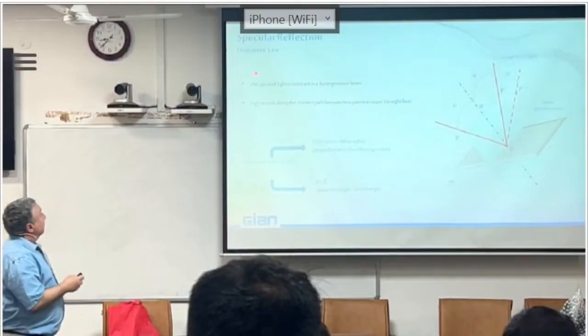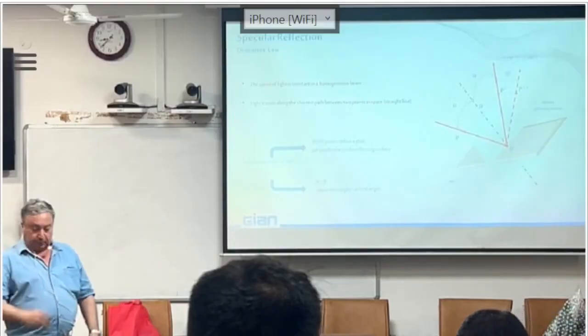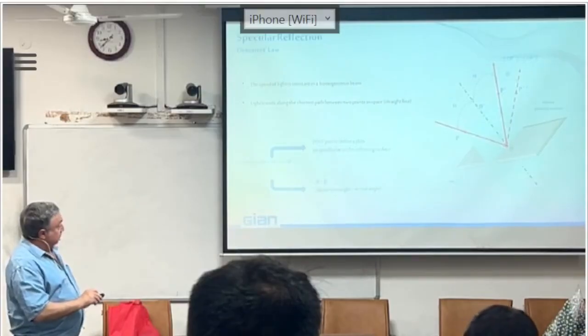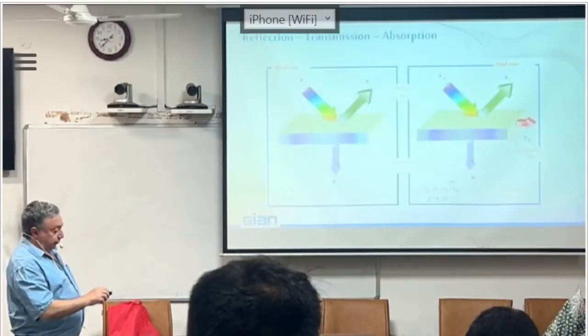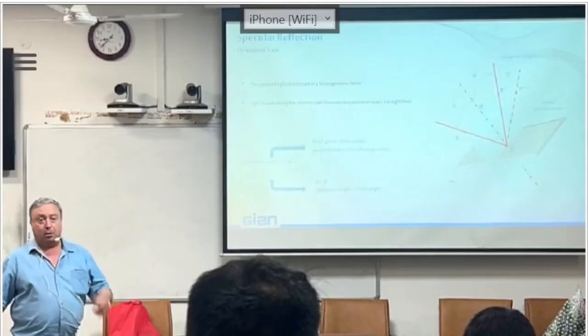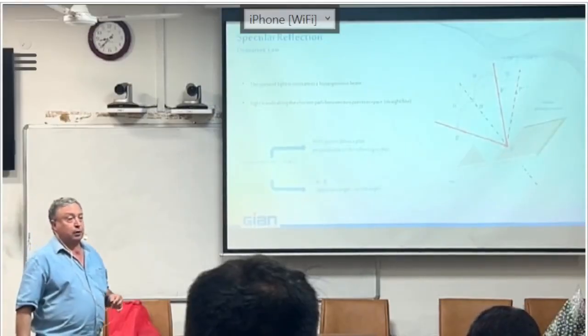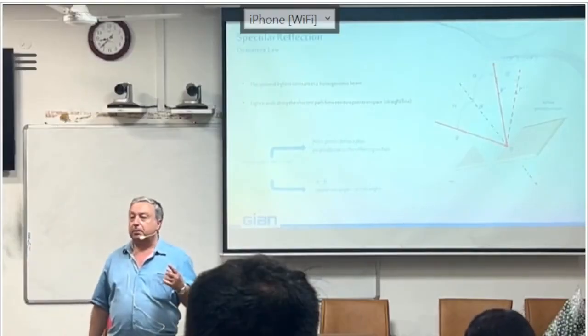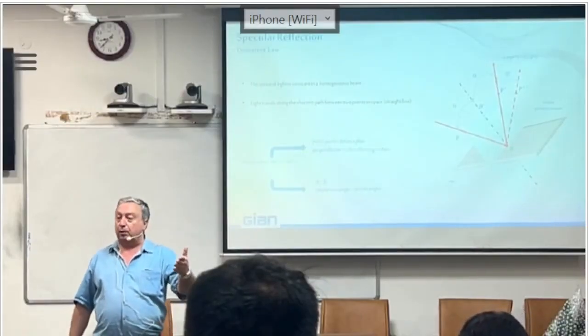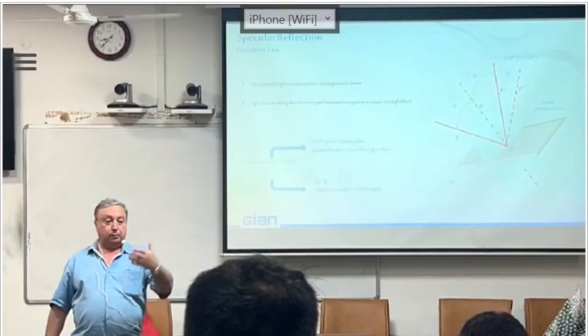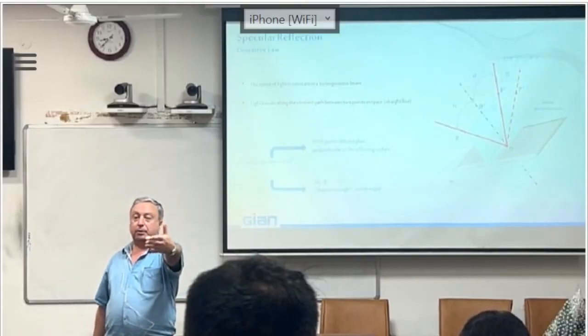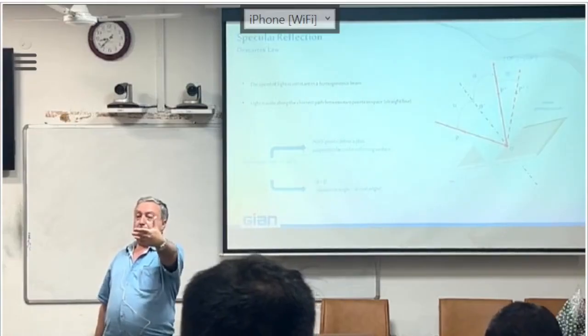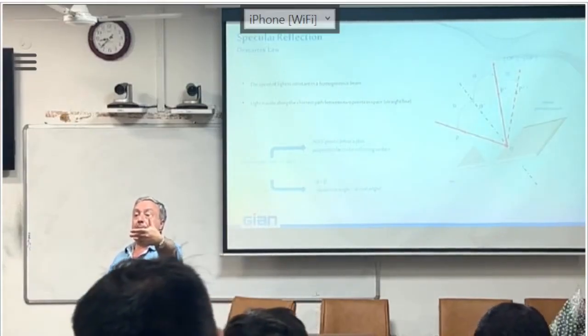Well, specular reflection, I told you, this is general for all people. For reflection, there is only one kind of reflection that we call specular reflection. It is a reflection kind of mirror. And you know that when you look at yourself in the mirror, you can see yourself inverted inside the mirror.